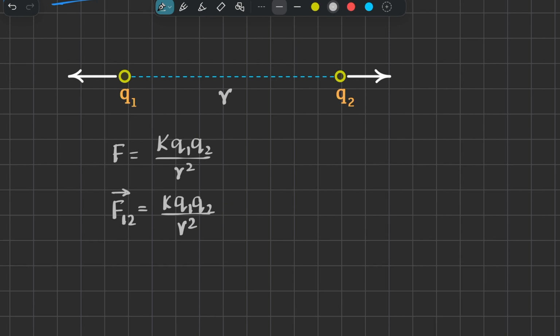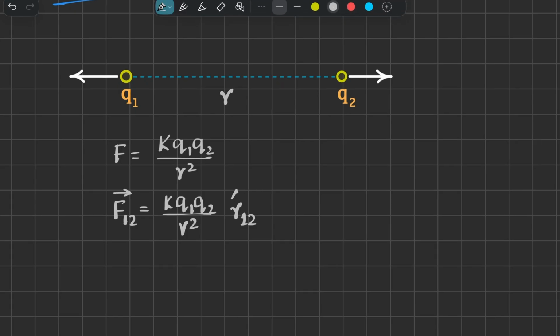Now about the direction, I will write the direction of position of 1 with respect to 2. Instead of a vector, I will write a unit vector because the magnitude is already defined. So it will be a unit vector, my mistake there.